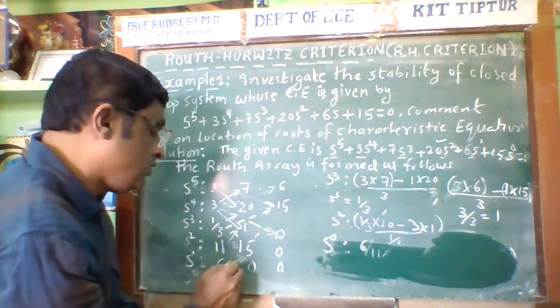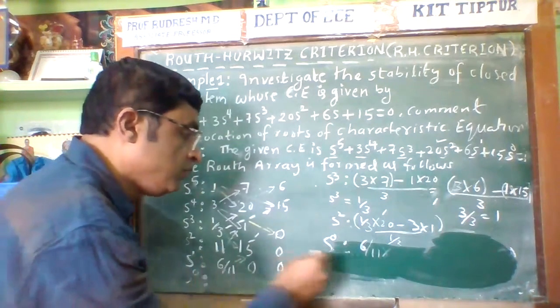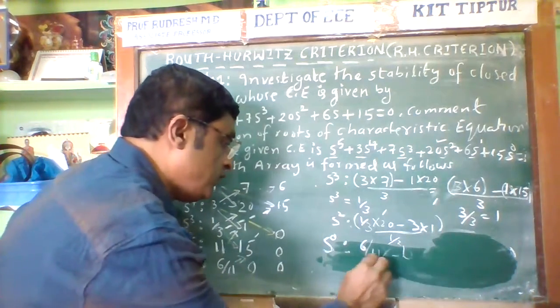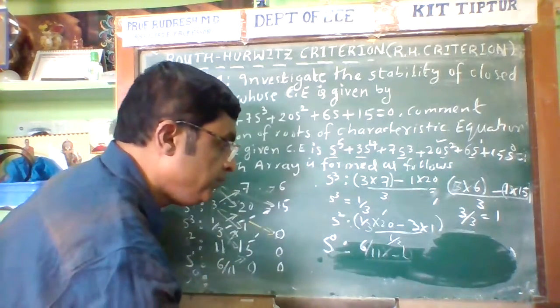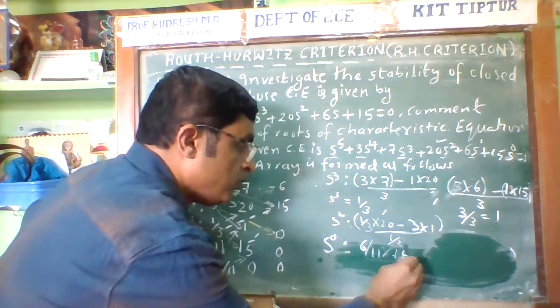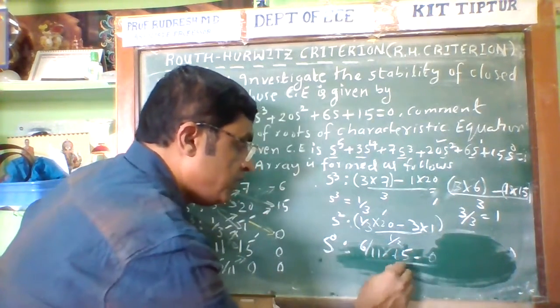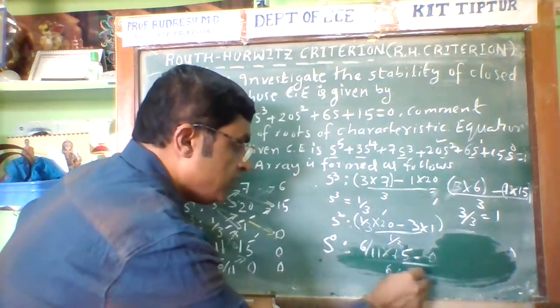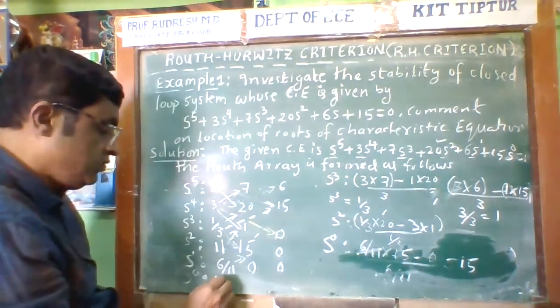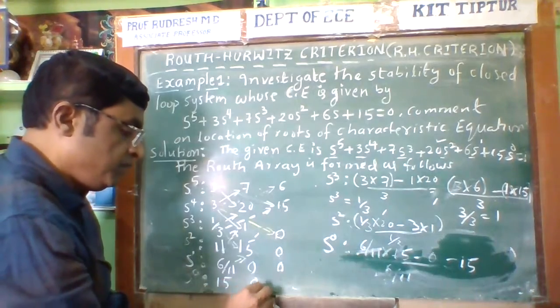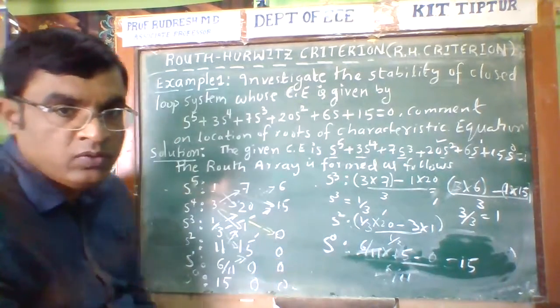Therefore 6 by 11 into 50 minus 0, divided by 6 by 11. Therefore the value is equal to 50. Now the remaining elements are 0.